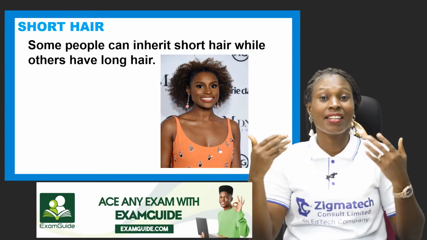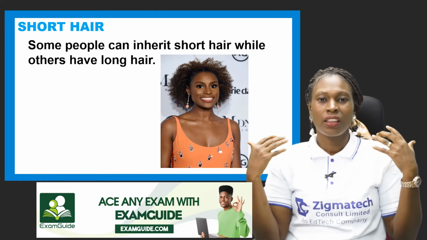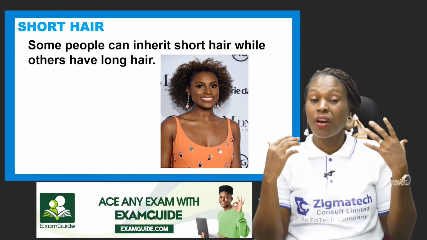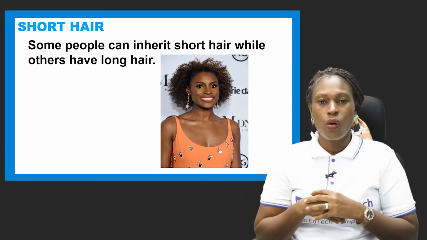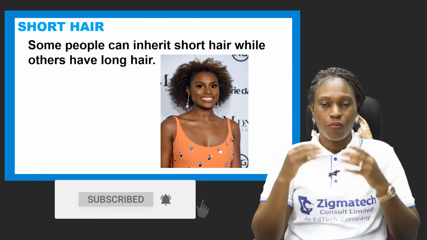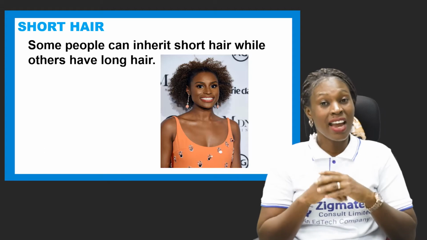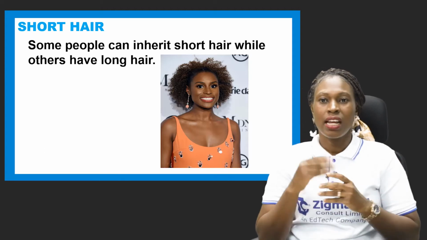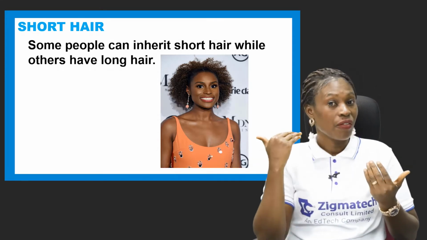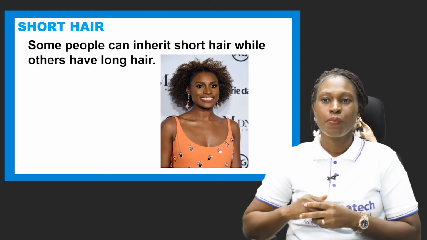Meanwhile, some persons are naturally endowed with the hair. The hair is full, is long, very healthy hair. This might be due to genetics, like I said, or people that actually invest in taking care of their hair to see that their hair is very healthy. Now, short hair. This is a very short hair and it can be inherited as well.